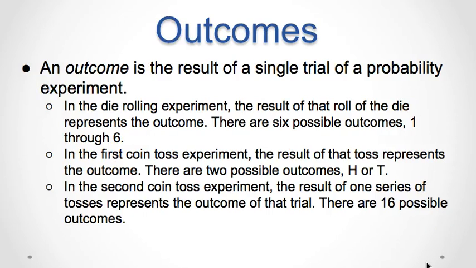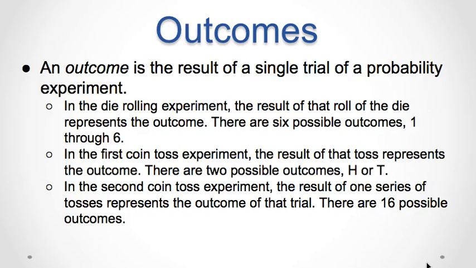An outcome is the result of one trial of a probability experiment. In the die roll experiment, the result of that roll of the die represents the outcome. There are 6 possible outcomes, 1 through 6. In the first coin toss experiment, the result of that toss represents the outcome. There are 2 possible outcomes, heads or tails.